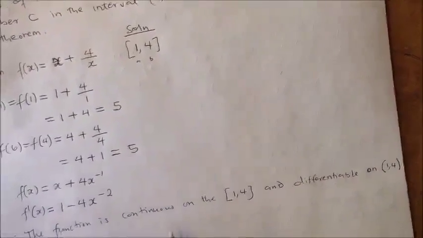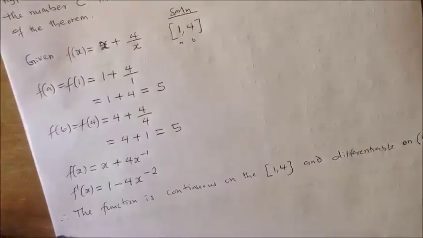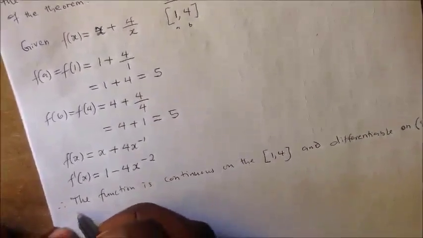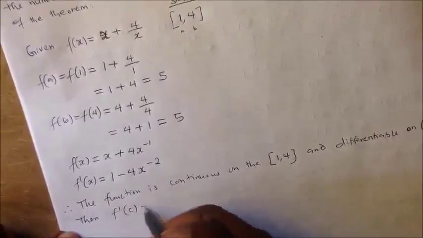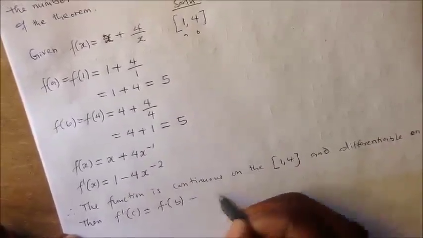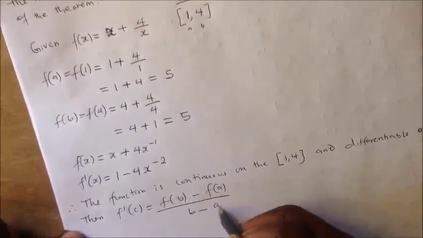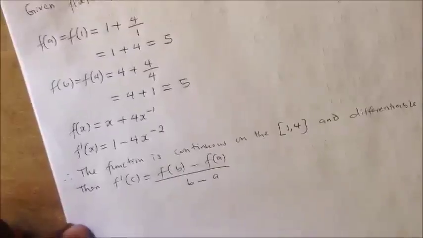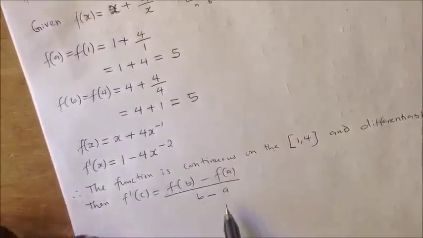Since the function is continuous and differentiable, the function satisfies the hypothesis of the mean value theorem. So if the function satisfies it, we know that f prime of c is equal to f of b minus f of a divided by b minus a.